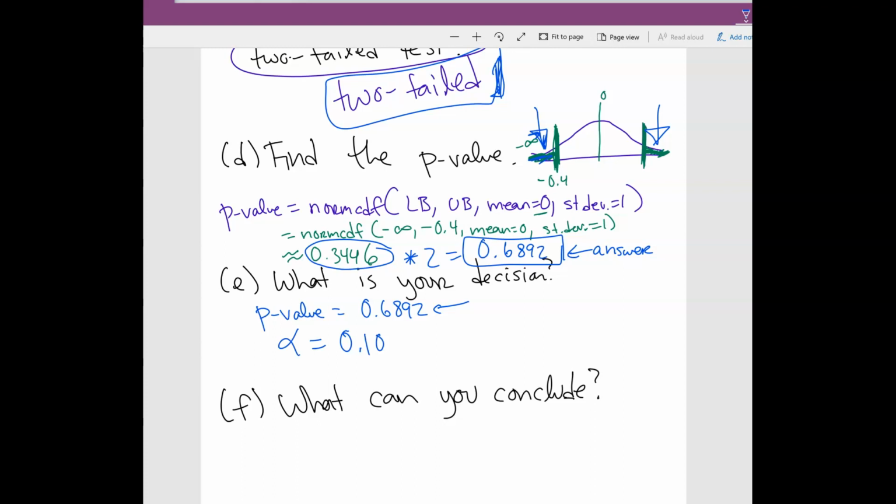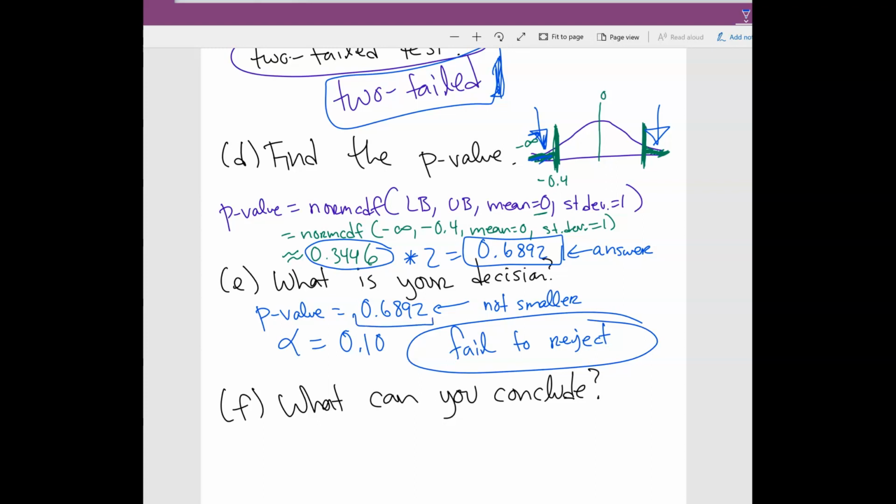No, the p-value is not smaller than alpha. So can we reject? No, we cannot reject. Or we can say fail to reject. Remember, we only have two decisions. We can either reject or fail to reject. In this case, because this is not smaller, we're just going to fail to reject the null hypothesis.